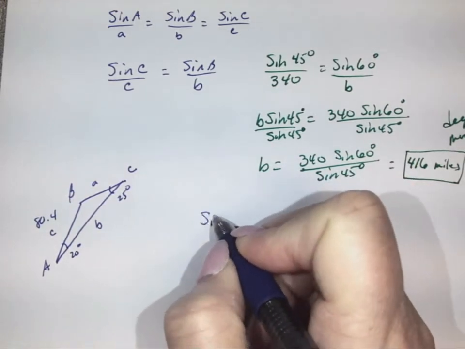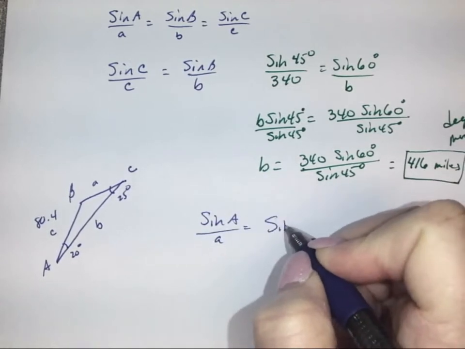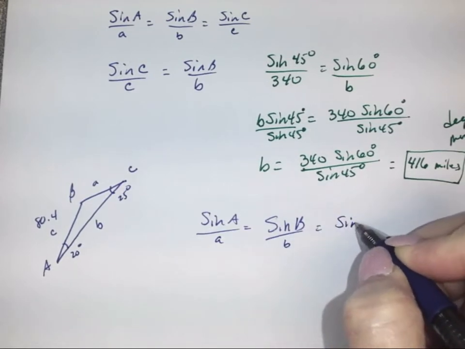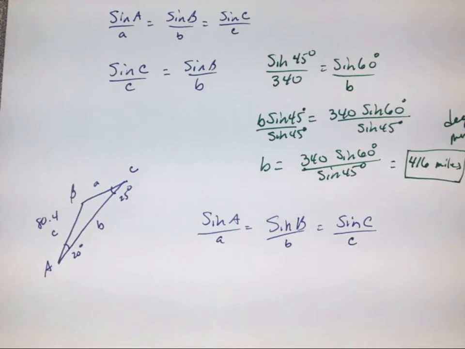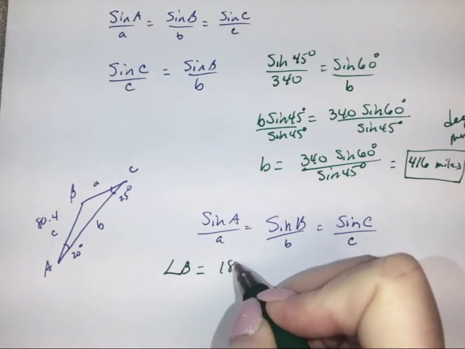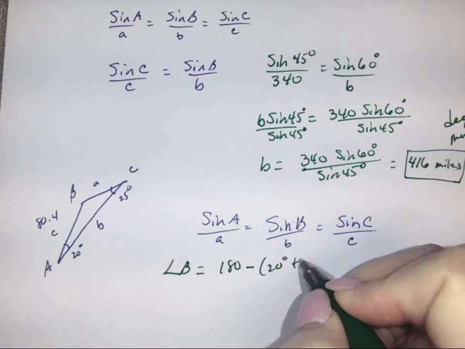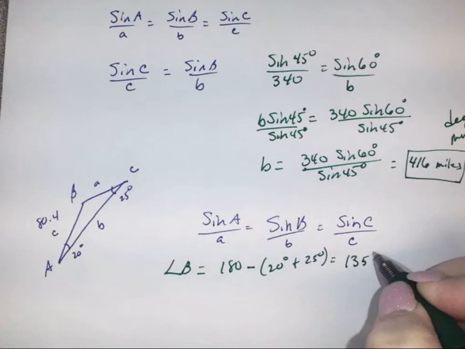So we've got sine of A over little a equals the sine of B over little b equals the sine of C over little c. So the first thing I'm going to do is find my angle of B, because I know the angle of B is going to be 180 minus the 20 degrees and the 25 degrees, which will get us 135 degrees.